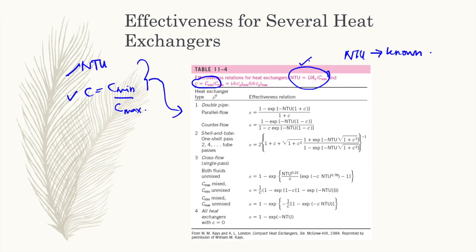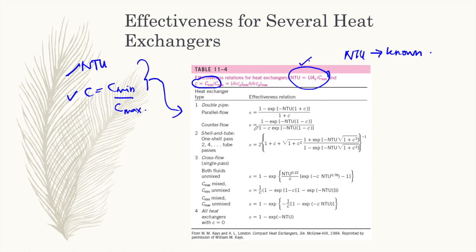From this table, we know that this is the heat exchanger type. So you have double pipe. You have to read through the question, and then after that you determine what is the exchanger type. One is double pipe, and to calculate the effectiveness you have to define under double pipe whether it is parallel or counter flow.